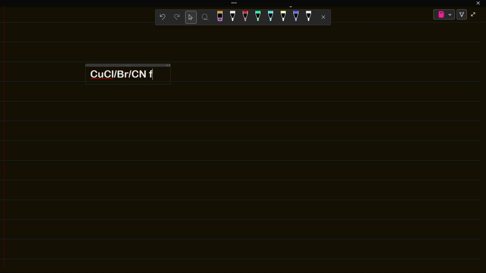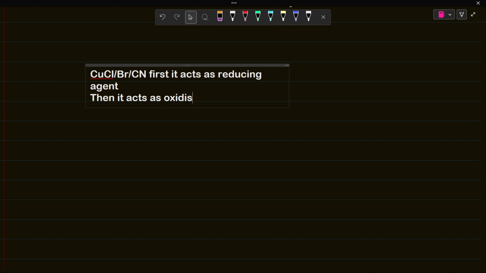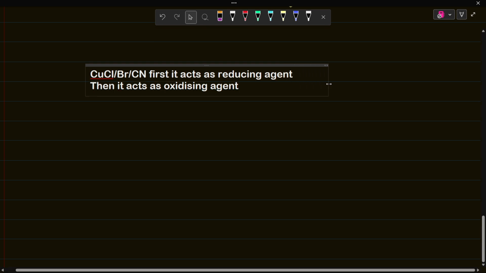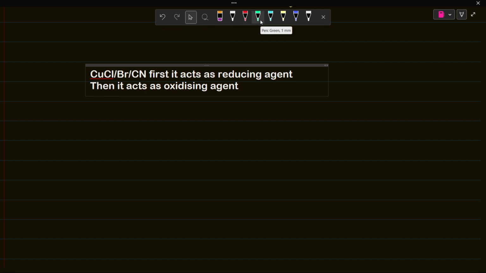It acts first as a reducing agent, and then it acts as an oxidizing agent, fine. So make note of these two things because they are very important. It's the nature of the Cu compound that we take in the reaction, fine. First it reduces, then it oxidizes, fine.